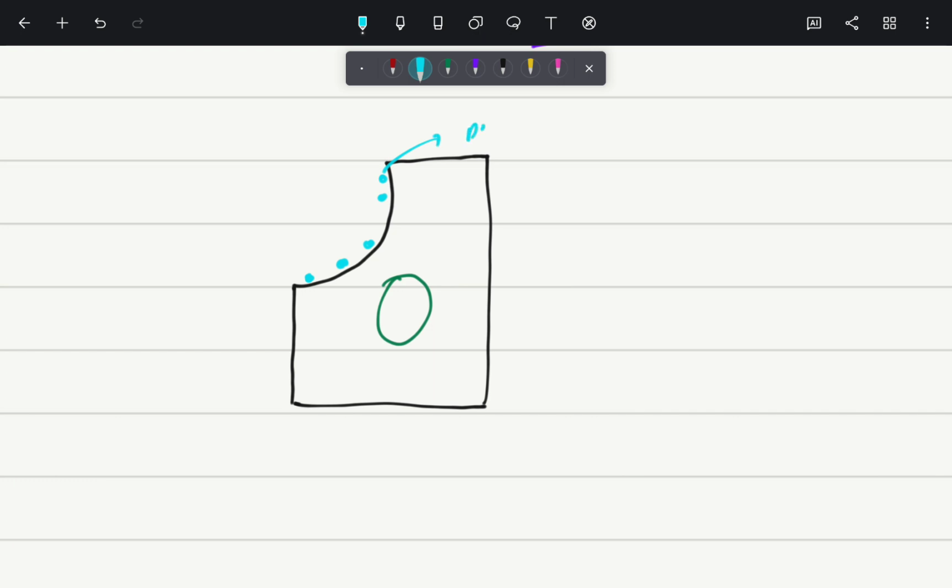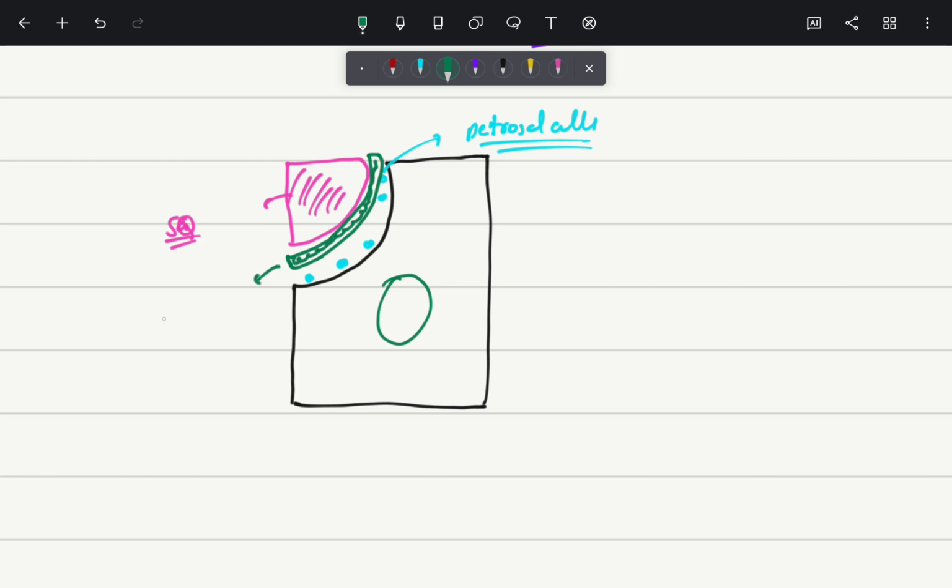These cells are your petrosal cells, and not only that, we have this cell which is present here, and these cells are your squamous cells. Now in between the petrous and squamous cells there is a suture, and this suture which is present between the cells is your petrosquamous suture, or also known as your corner septum.